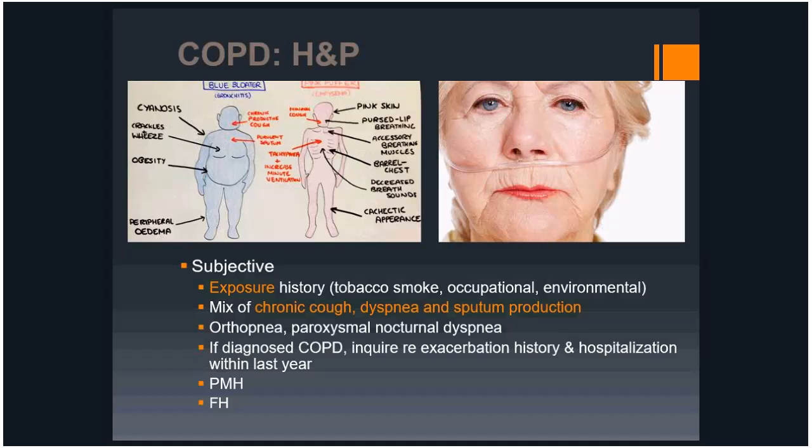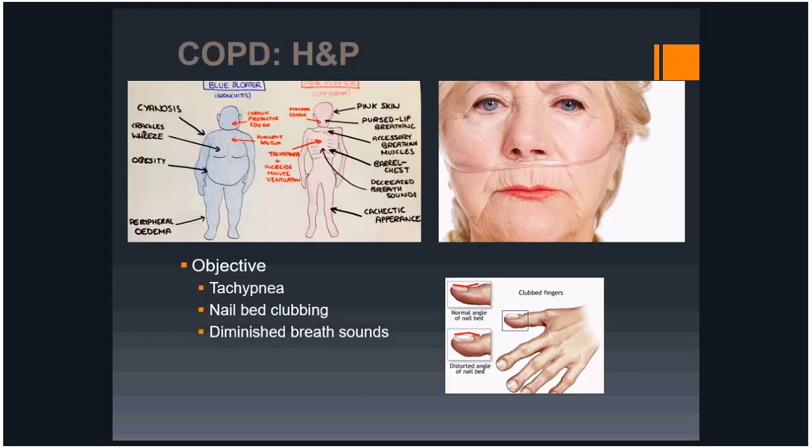That's extremely important. When you start looking at physical exam findings and objective data, you have tachypnea, nail bed clubbing, and also diminished breath sounds.